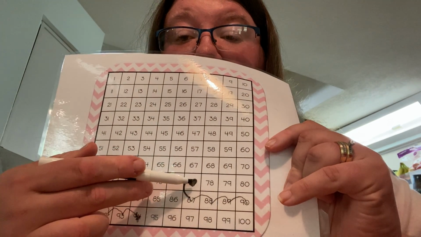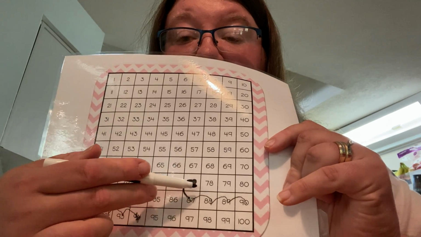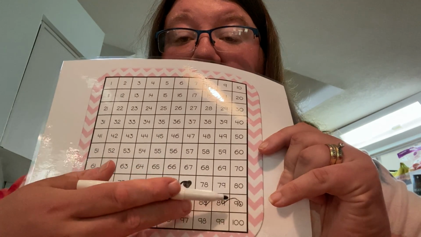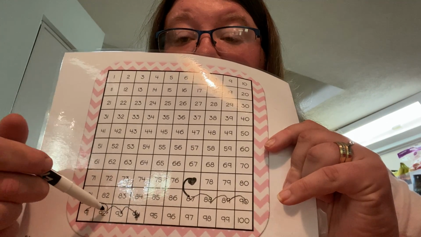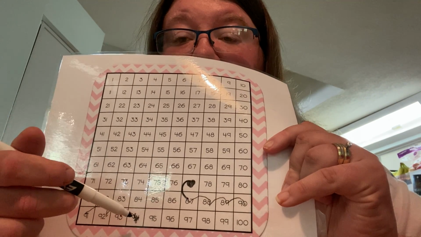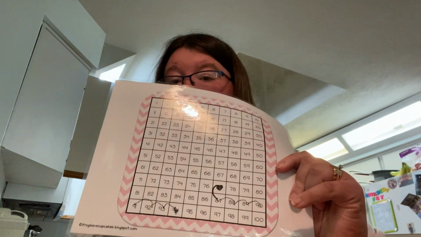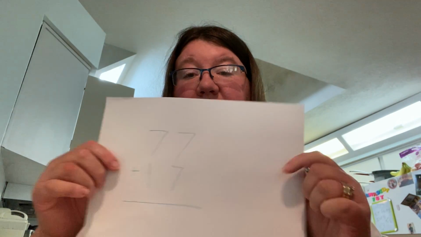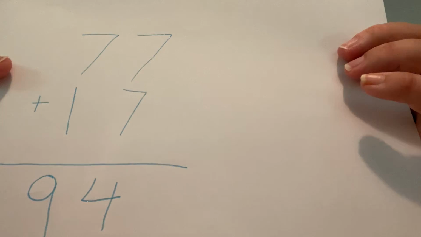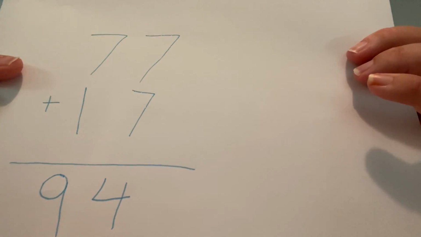So we had down 1 and over 1, 2, 3, 4, 5, 6, 7. So for 77 plus 17, we ended up on 94, because we went down 1 and over 7.